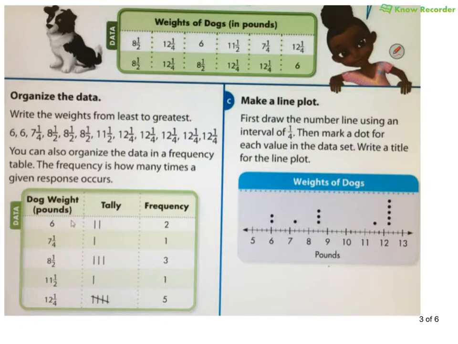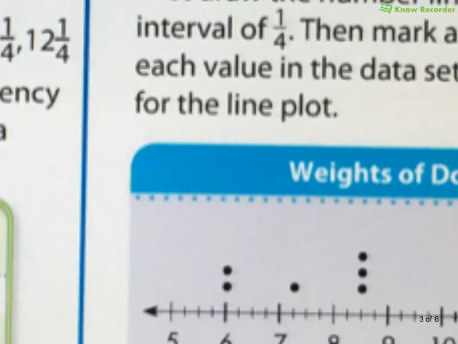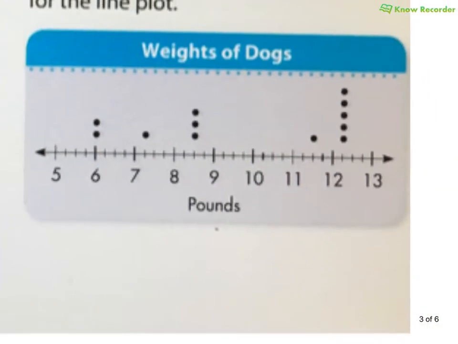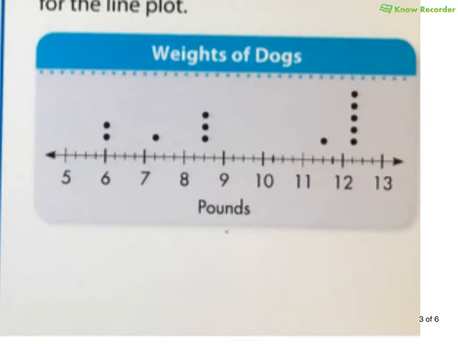What I would say is let's take a look at the line chart. So things I want you to notice about this line chart. First of all, I have whole numbers, but then each whole number is sectioned off into pieces. So we have 1, 2, 3, 4 pieces.